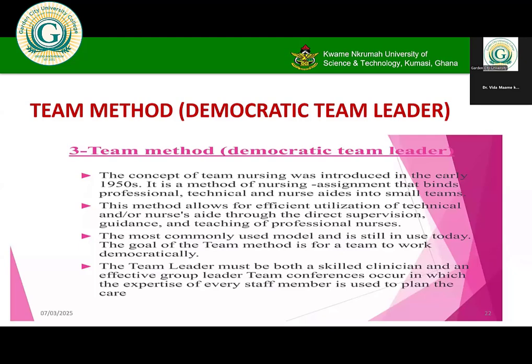So that is team nursing. The size of the team varies according to the physical environment, layout of the unit, patient acuity, and the nursing skills. So this team is responsible for providing and coordinating nursing care to a group of clients.